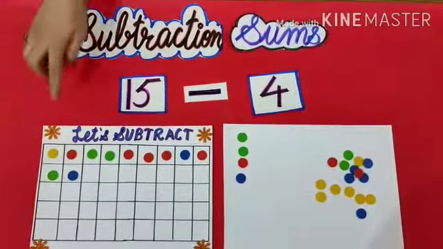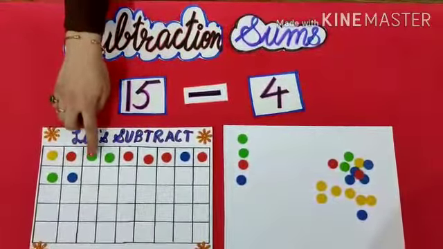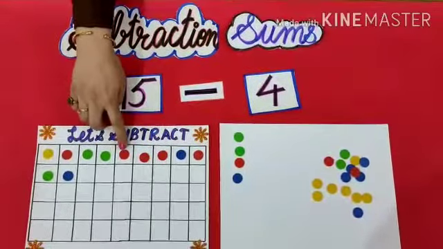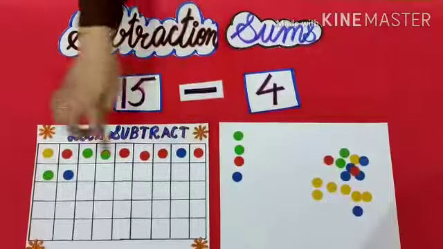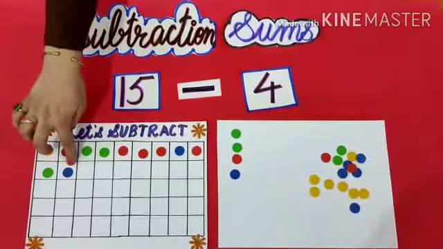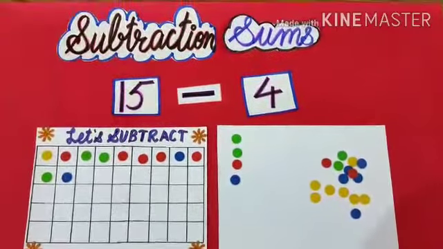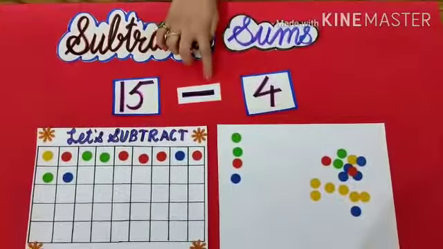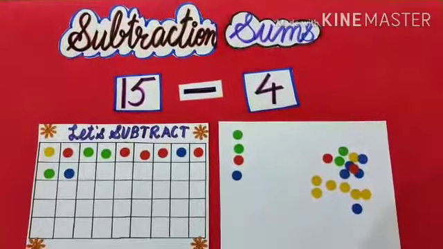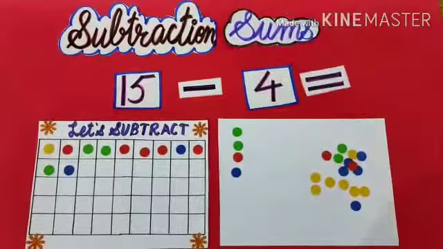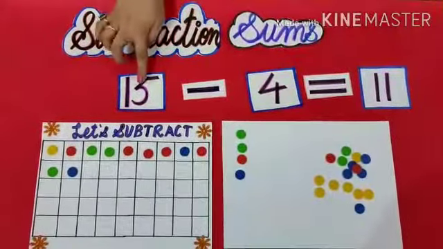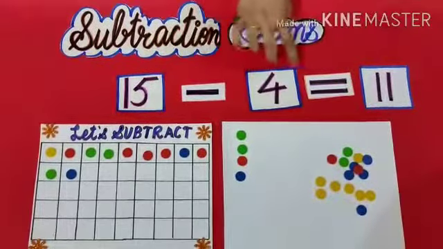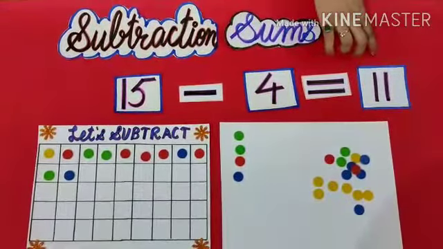Let's count together. 1, 2, 3, 4, 5, 6, 7, 8, 9, 10, 11. So 15 minus 4 is equal to 11. Right? 15 minus 4 is equal to 11.